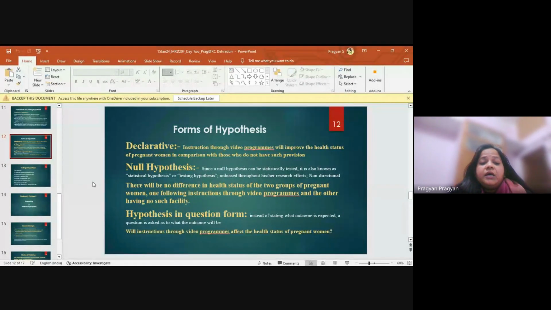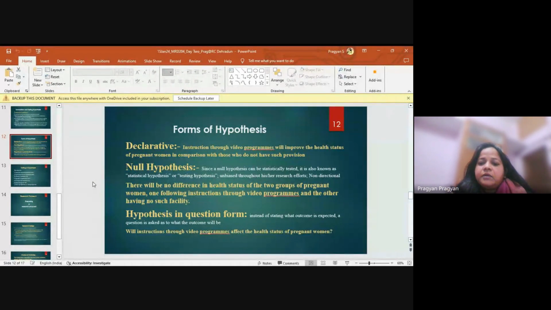That means we have discussed both of those examples, the declarative hypothesis and the hypothesis in question form, and we can observe very clearly that both of these forms are directing us that there is a direct relationship between the reproductive health of pregnant women and their awareness.